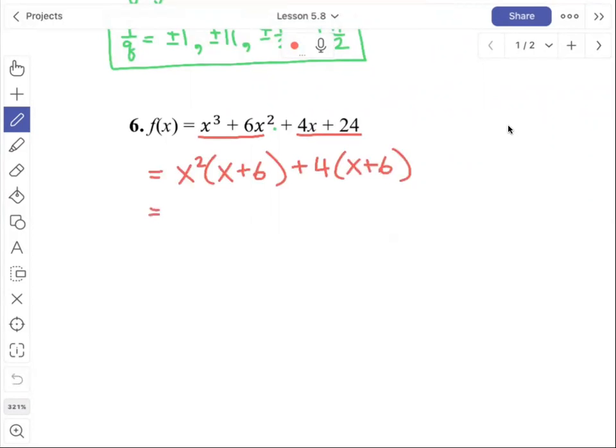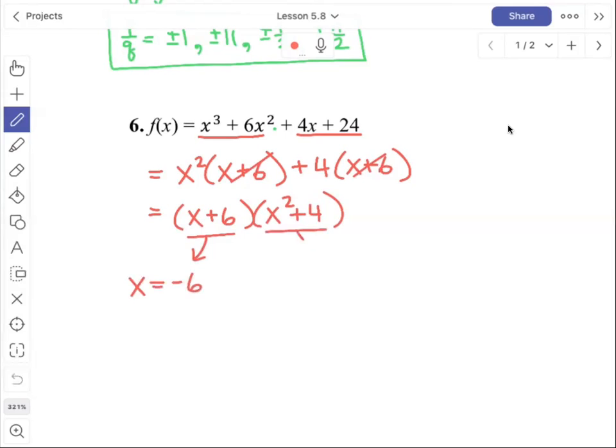So that is great news because you can just factor it and get the zeros from there. This factor will have a zero of x equal to -6. This factor, if I set that equal to 0 and subtract the 4, square root, I get plus or minus 2i.